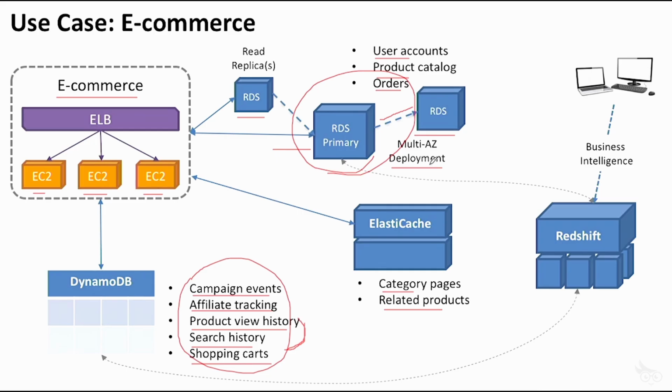That way we can focus on our application. We can focus on our business intelligence, further adding value to our application. So that's, again, just one example of using databases for an e-commerce solution in Amazon Web Services.